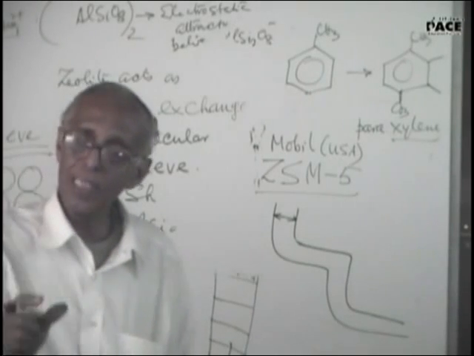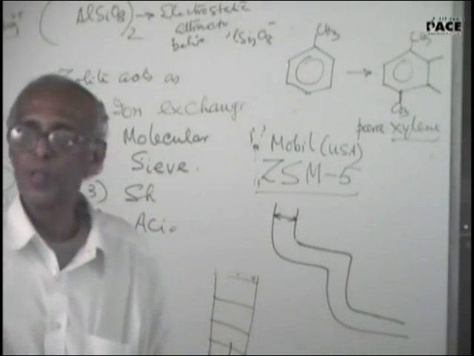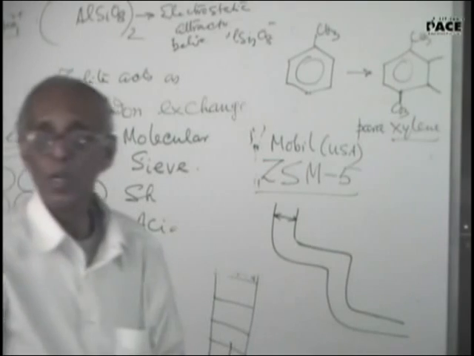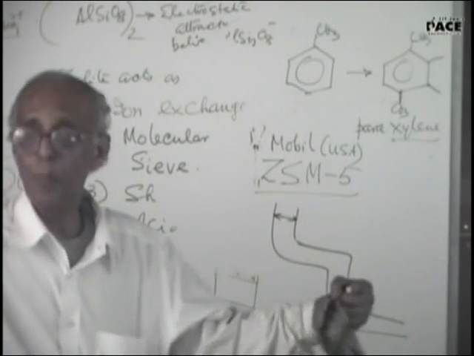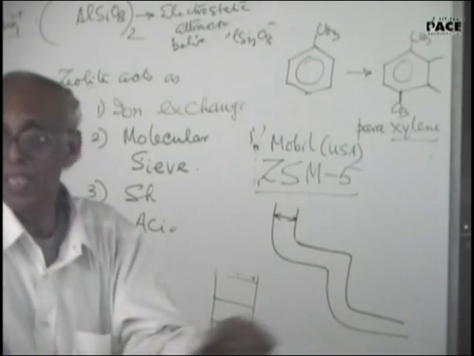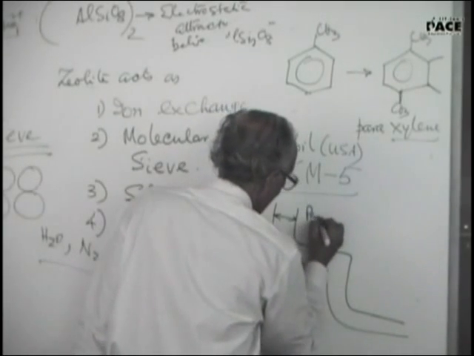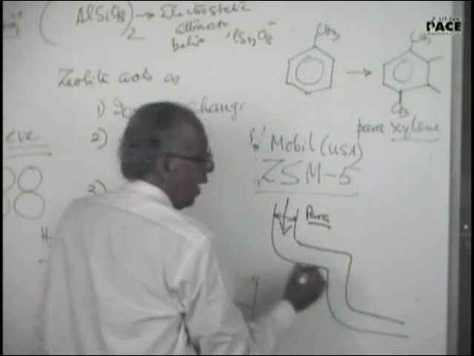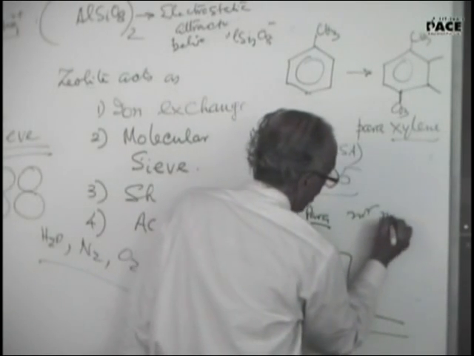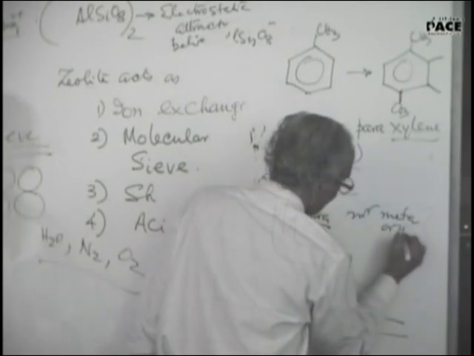Since the diameter of the cylinder is small, it will allow only a linear molecule to pass through, which requires minimum space. So para will pass through and not meta or ortho.